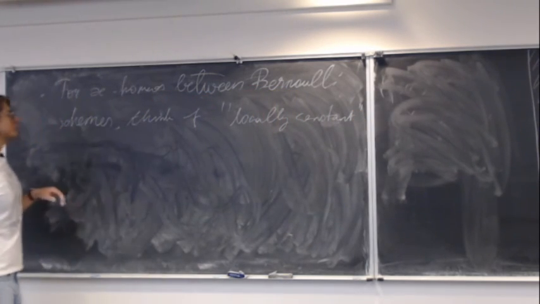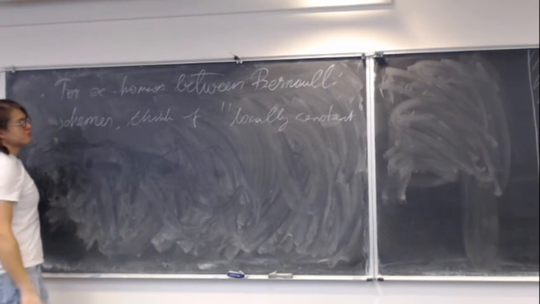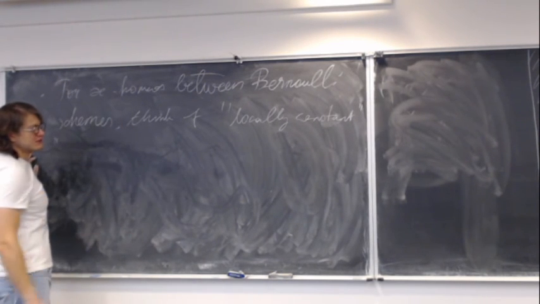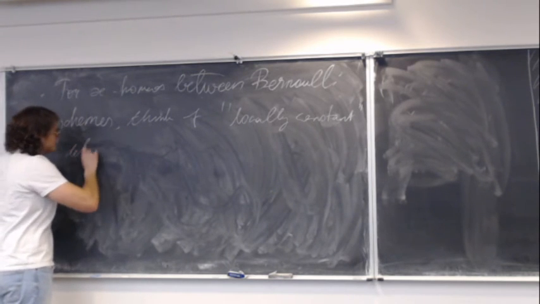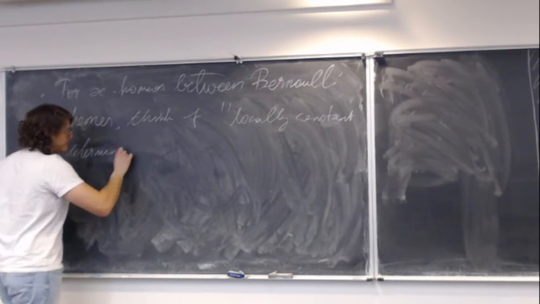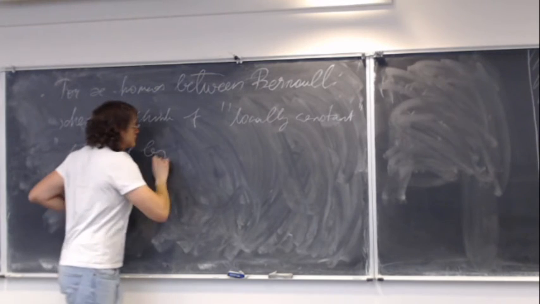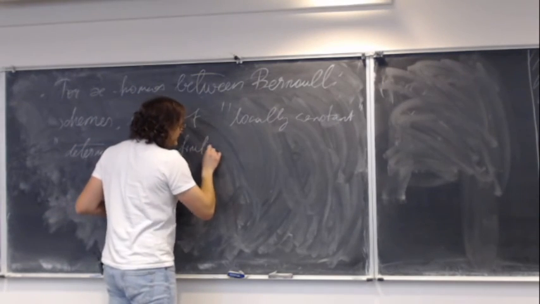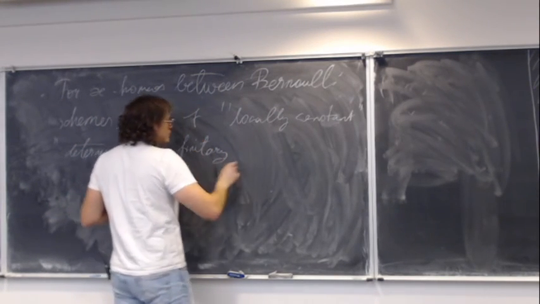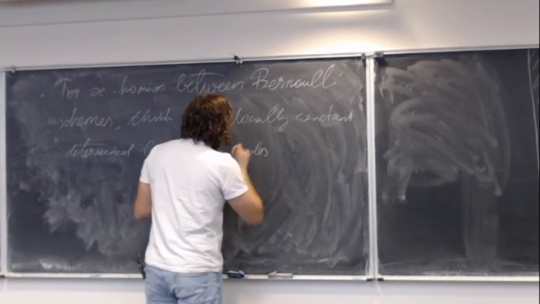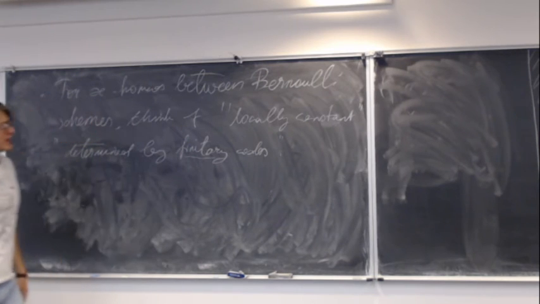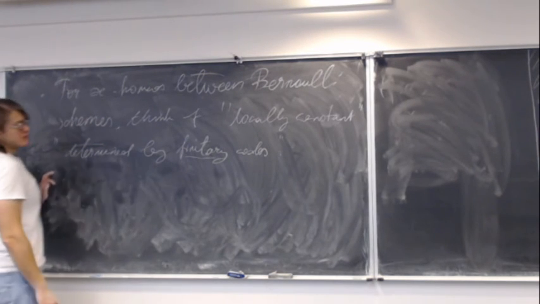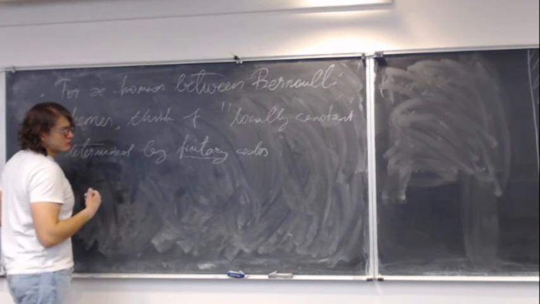Or you can also write it like this. You can say homeomorphisms that are determined by finite codes, determined by finitary code. And because of this property, in this context, people also call it finitary isomorphism.